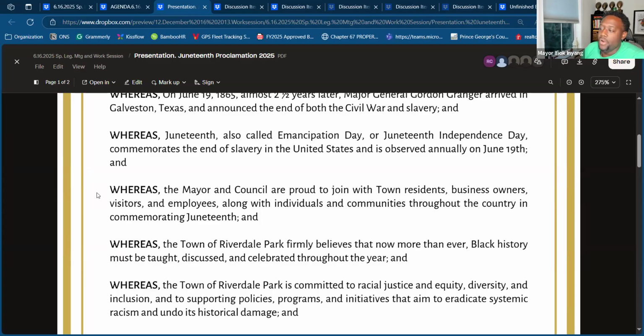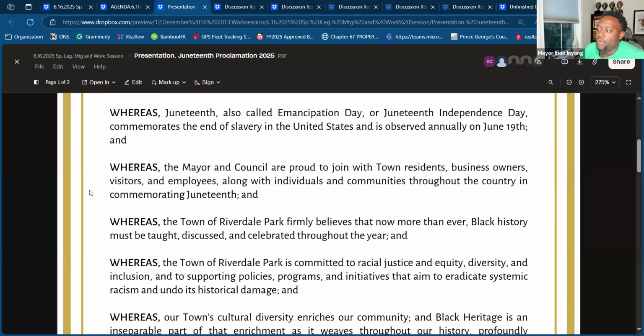And whereas the town of Riverdale Park is committed to racial justice and equity, diversity and inclusion, and to supporting policies, programs, and initiatives that aim to eradicate systemic racism and undo historical damage. And whereas the town's cultural diversity enriches our community and Black heritage is an inseparable part of that enrichment as it weaves throughout our history, profoundly influencing every aspect of life.